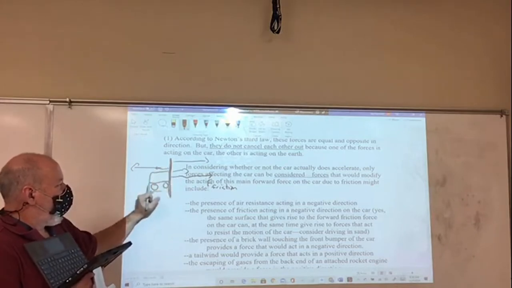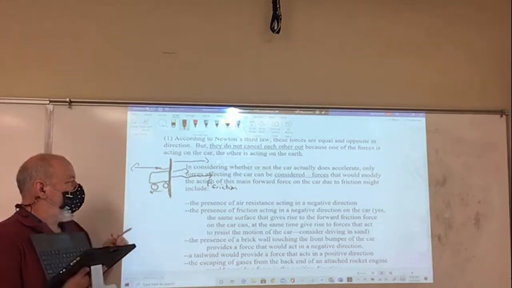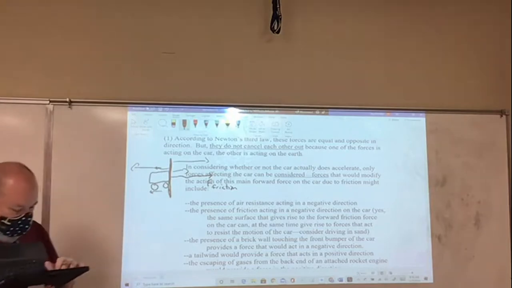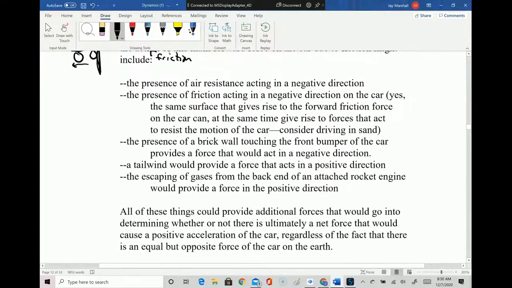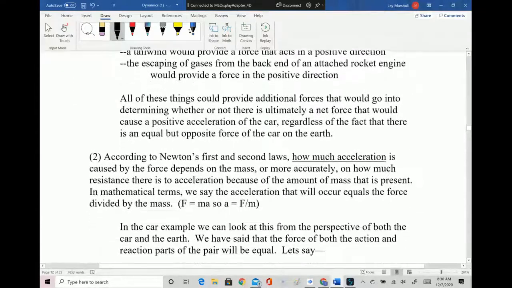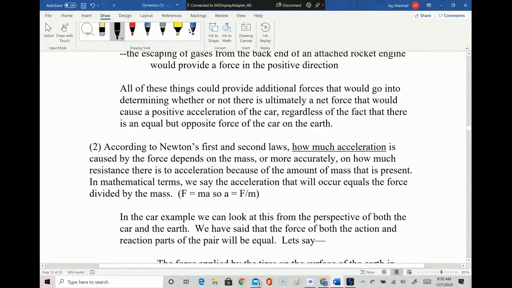The force of friction of the car on the earth is acting in the opposite direction, but it's acting on the earth. So all of these things would provide additional forces that would go into determining whether or not there's ultimately a net force that would cause a positive acceleration, regardless of the fact that there is an equal and opposite force of the car on the earth.